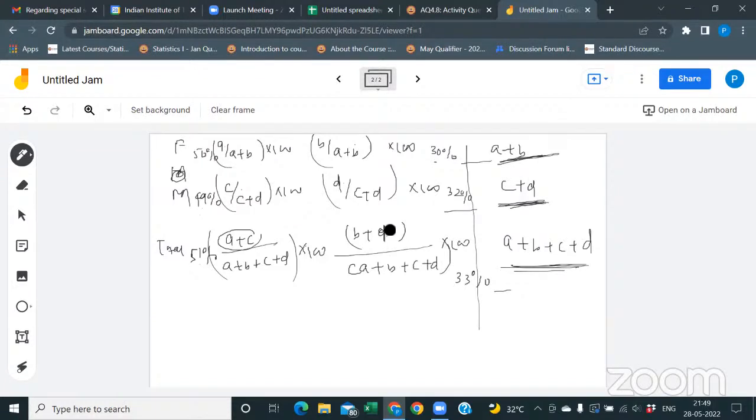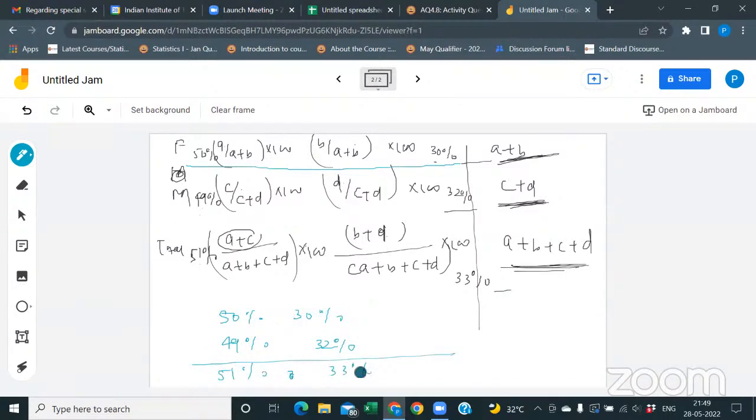Are you getting my point? I'm not comparing the columns, I'm comparing the rows. For the first row, what I have is 50%, 30%. For the male row, 49%, 32%. For the grand total row, 51%, 33%.